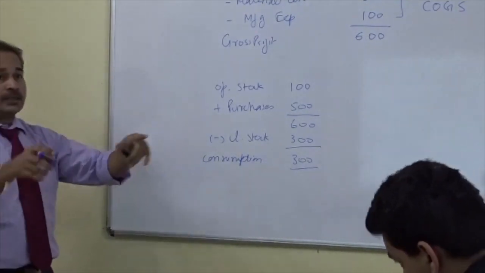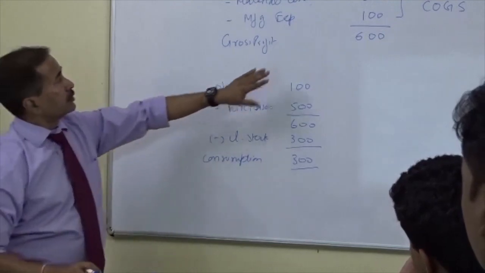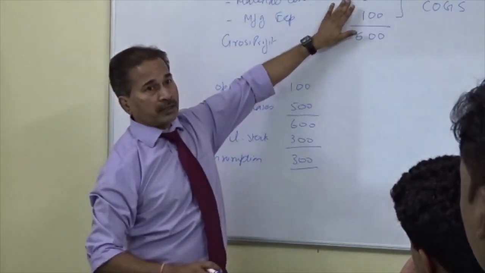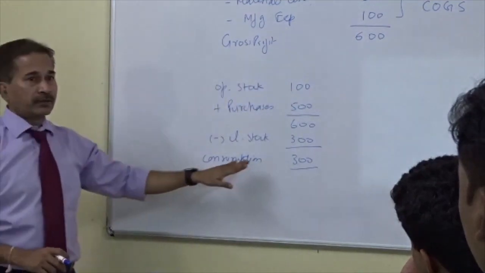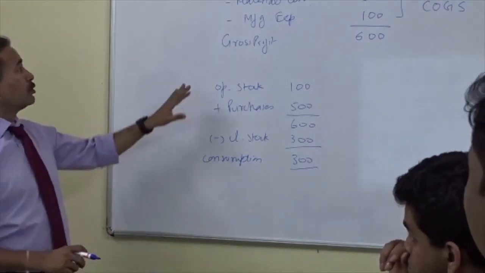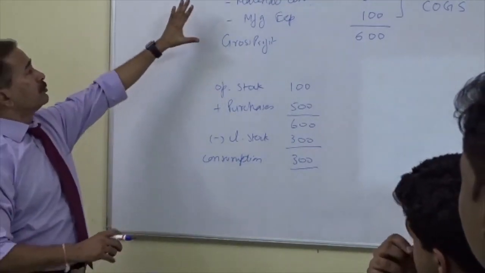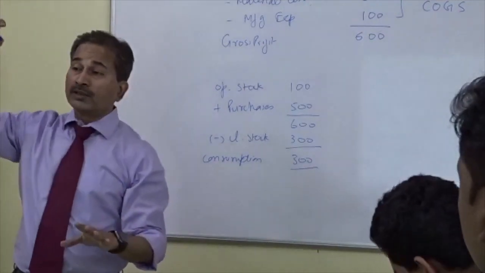So this is the formula. So what you are saying is correct. So how do we work out this 300 figure? This 300 figure is also worked out by using this formula. For that we have to use the formula. Correct. But right now what we are trying to understand is the different components of profit.